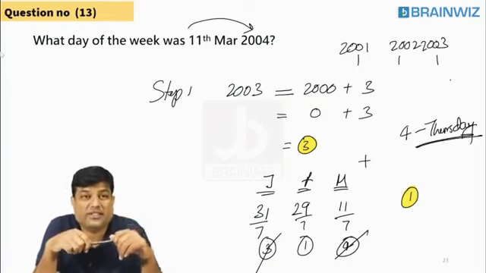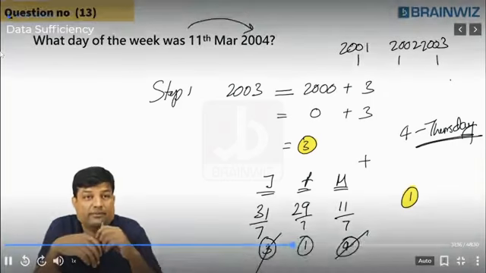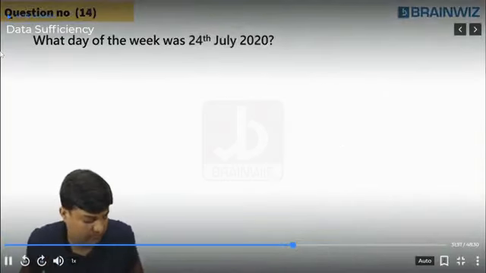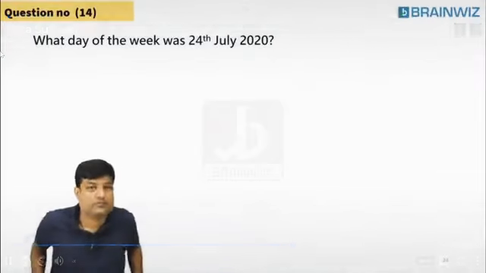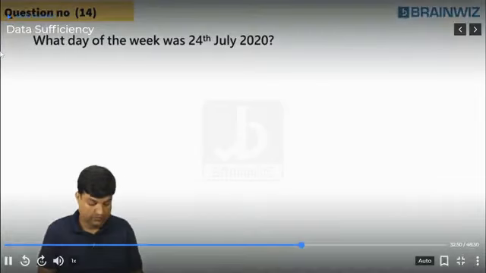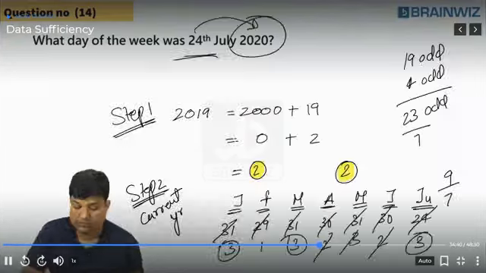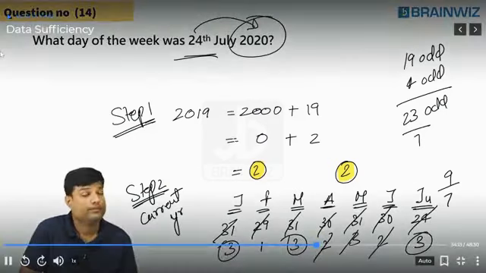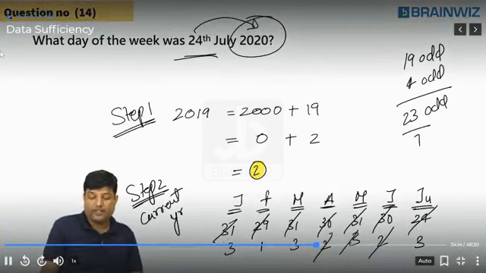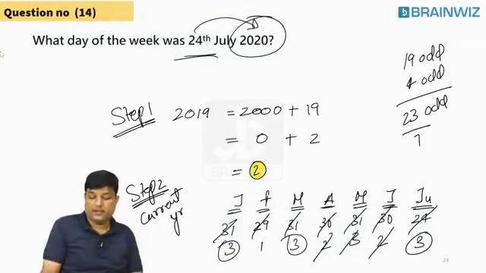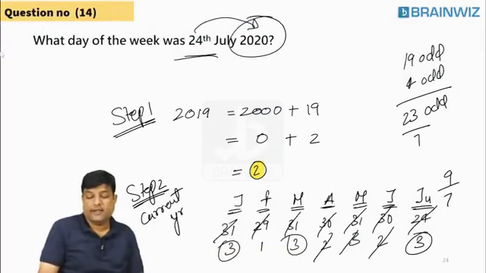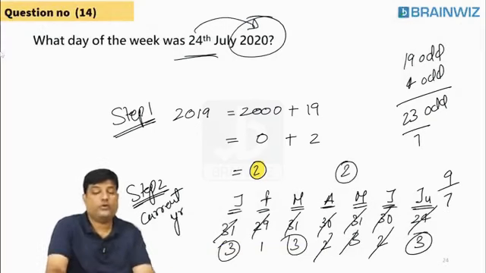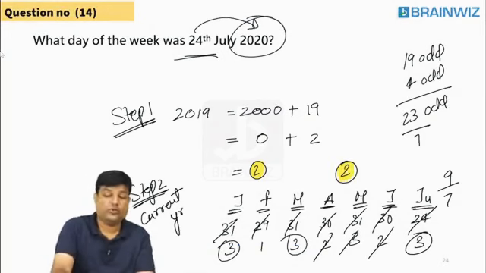Hope you all have understood this. Is it fine, everybody? Do it now. Cancel. 2 plus 2 plus 3, that is 7. Cancel. 3, 3, 3, well, it's 9. 9 divided by 7, again what? 2. So students, we have got 2 plus 2. What is 2 plus 2? 4.